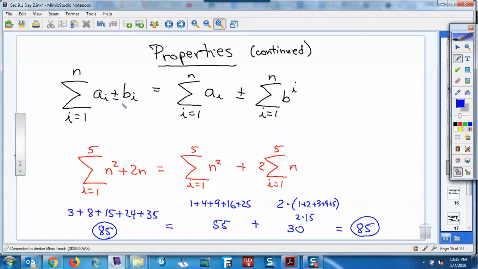For example, if I had n squared plus 2n as my formula in there, I could split that into two separate sigmas, n squared and 2n, and then on the 2n sigma, I could pull that 2 out in front, like we were just talking about. Okay? And then I went ahead and worked those out.